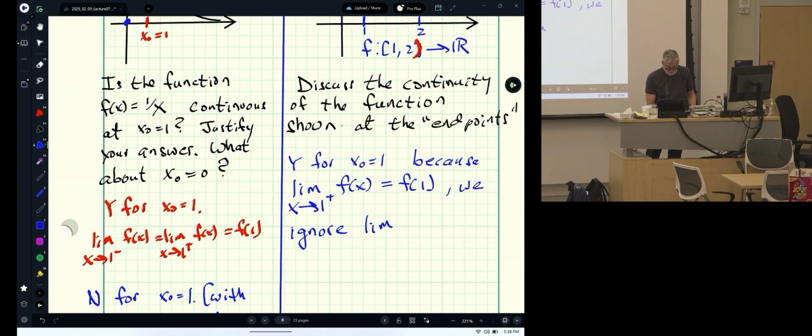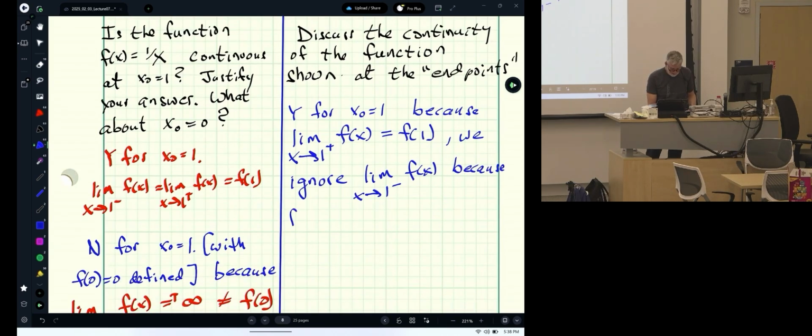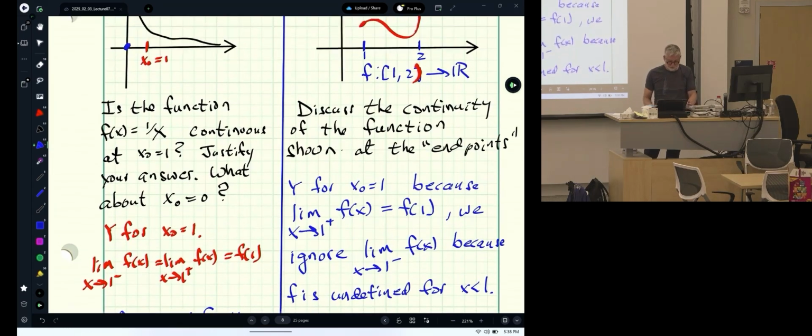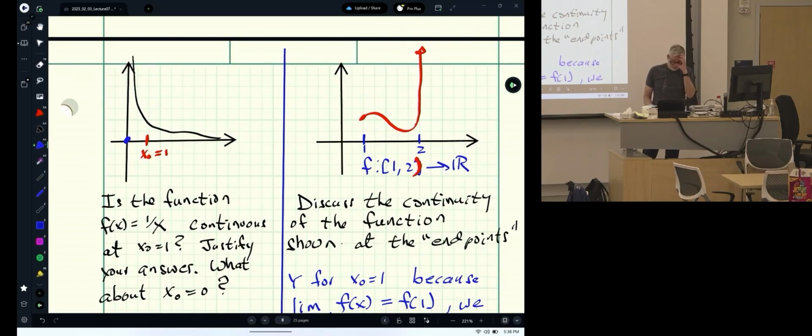We ignore the limit as x goes to 1 from the left of f of x because f is undefined for x less than 1. Okay, so you guys can be better than all of your other compatriots in your engineering courses at these.